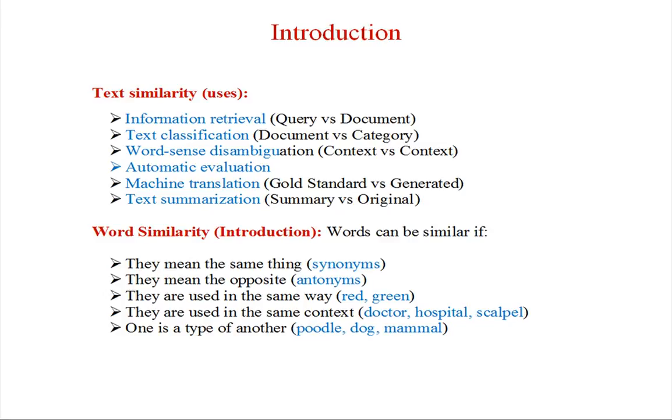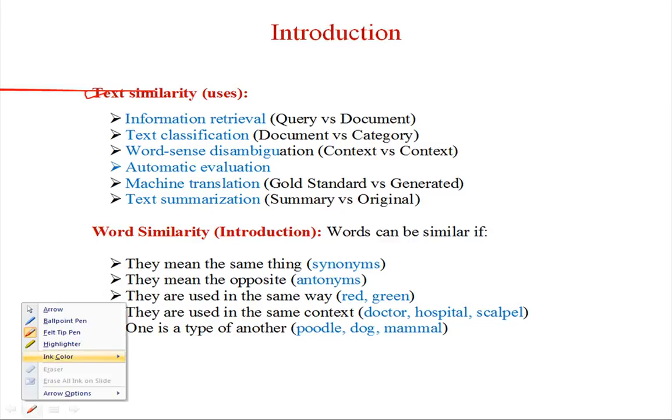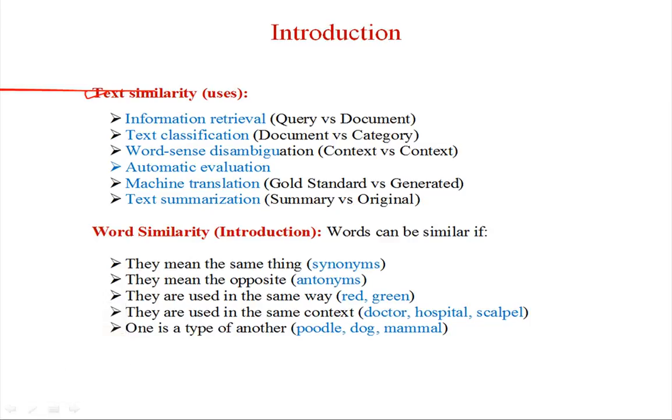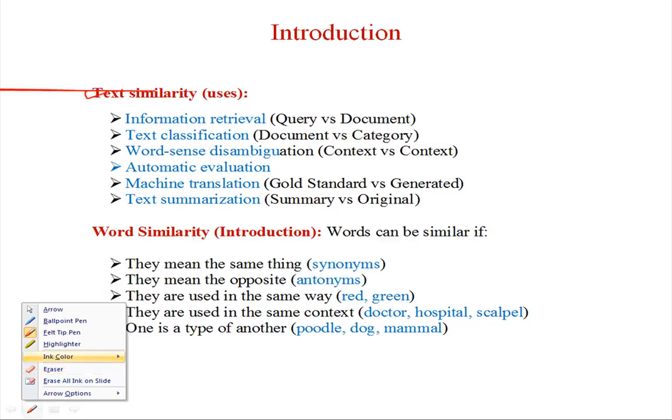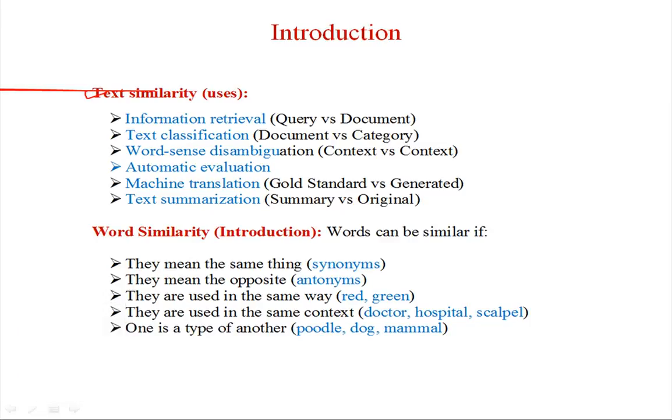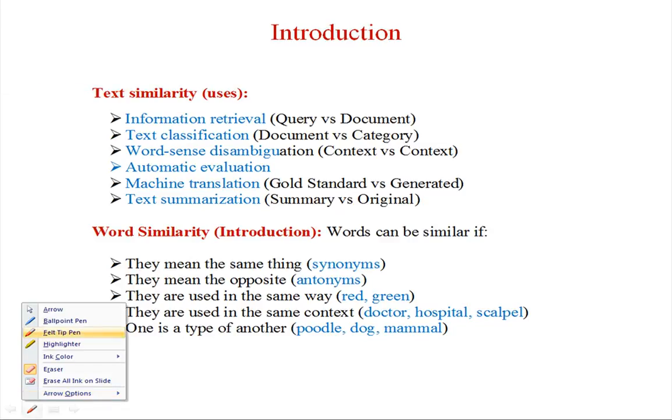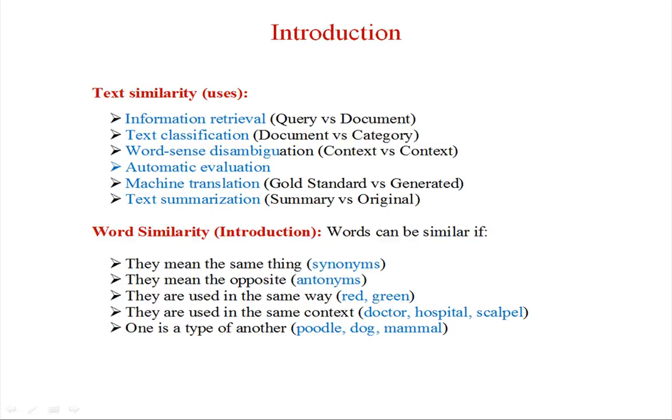The starting point is text similarity. What is the use of different similarity measures, especially text-to-text similarity? It is useful in information retrieval, text classification, and word sense disambiguation.